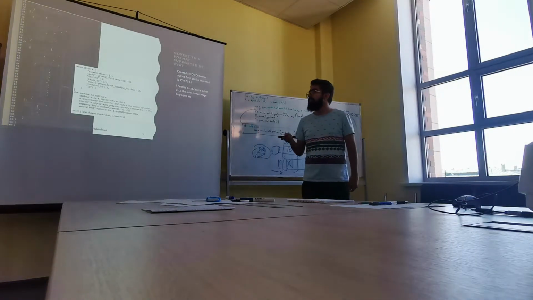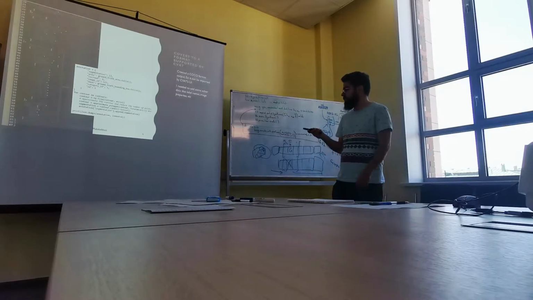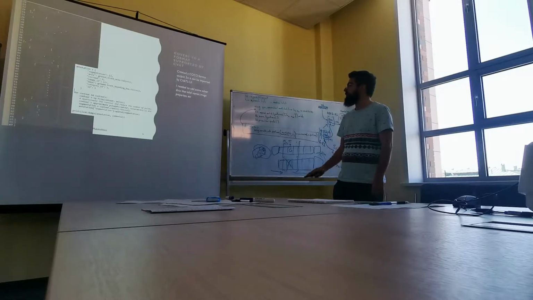And then I made a COCO format to import it to CVAT. So I created this part with my code, and I also added by hand other data here to make it possible to import to CVAT.